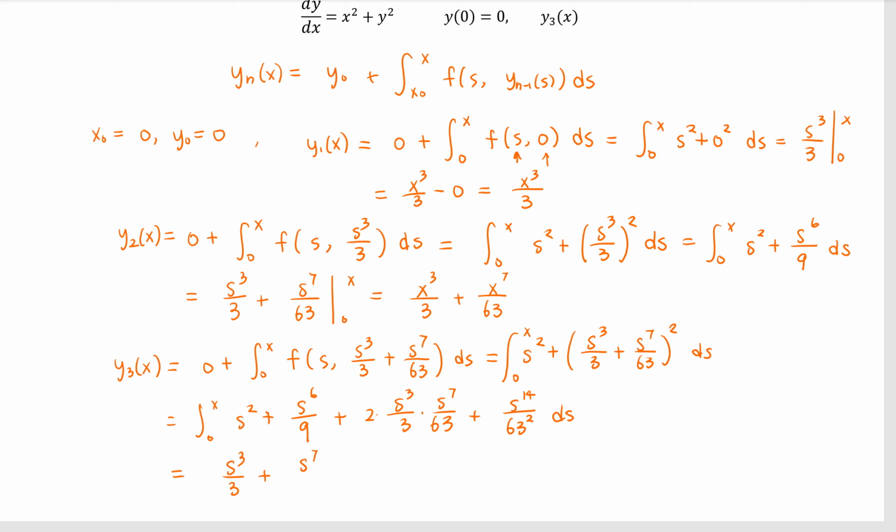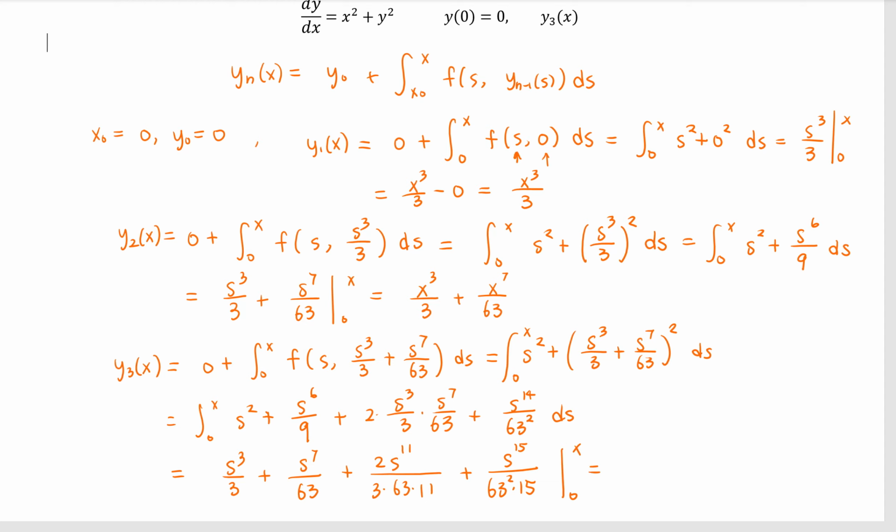This is s to the 7 over 9 times 7, 63. This one is s to the 10th; when we add 1, it becomes 2 times s to the 11, over 3 times 63 times 11. For that one, add 1 to the exponent and divide by the new exponent. Evaluate from 0 to x. So far, so good, everybody?